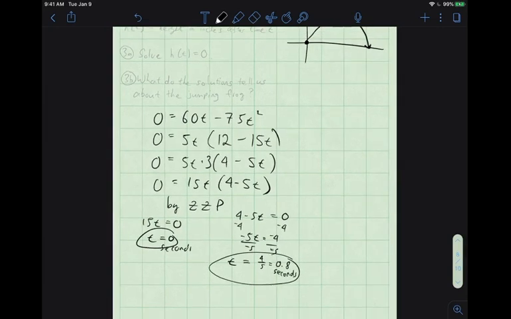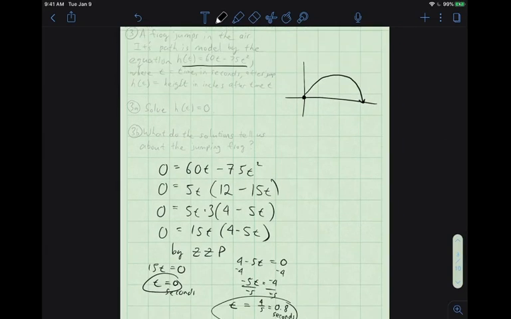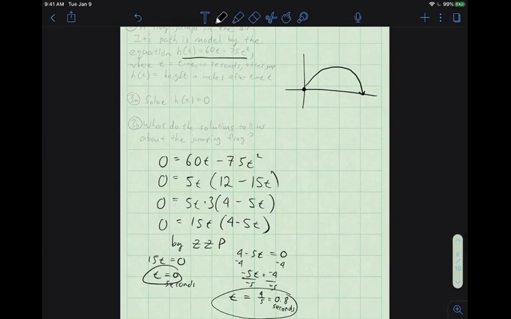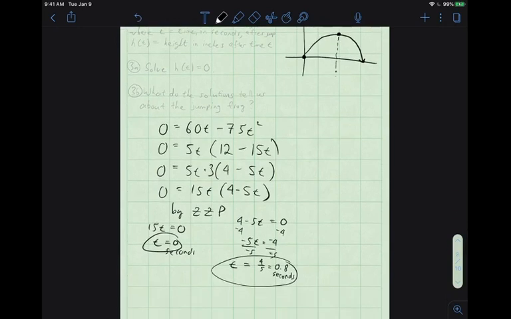What does this solution tell us about the jumping frog? Well, it took him less than a second to go back to the ground. He probably took really short hops. And yeah, you could figure out the maximum here. Remember, that's halfway in between. So this is more like a hint to one of the problems from your exit ticket.